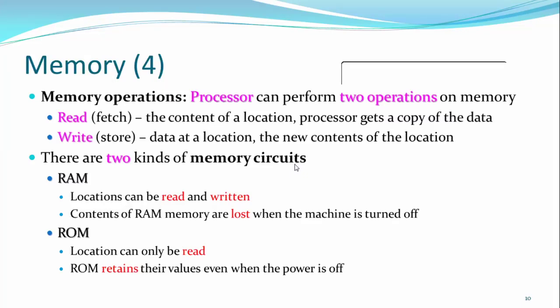And all these circuits work with power. From where is that power coming? A voltage, either 0 or 1, or sometimes a symbol like 0 and 1. That is called a bit. Is that clear? Are you listening to me? Yes, sir. All right, can I move to the next slide now? Yes, sir.